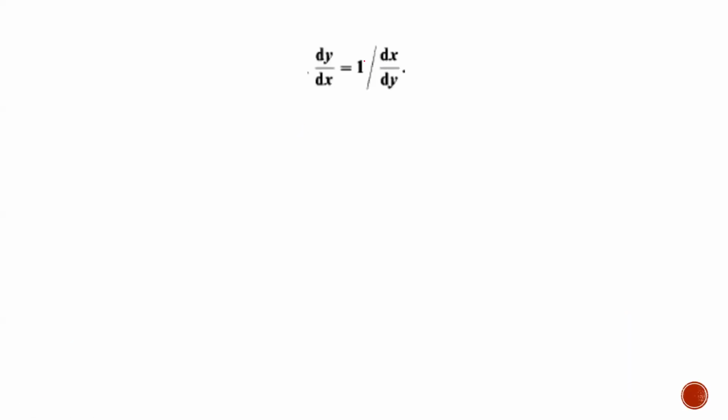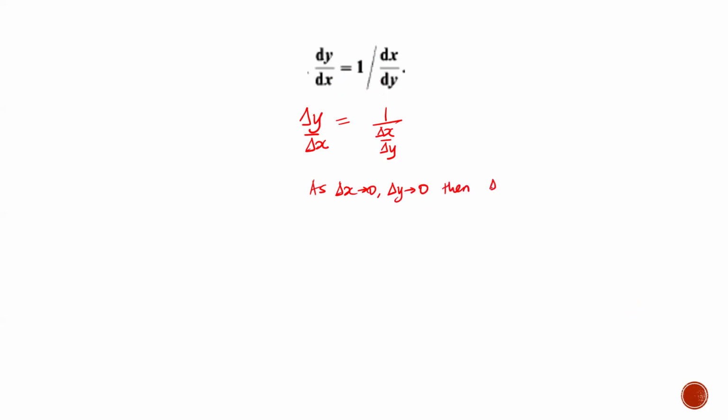So first, we want to prove this phenomenon that we've been given, that dy/dx is the reciprocal of dx/dy. Now, we already know that a small change in y divided by a small change in x is the reciprocal of a small change in x divided by a small change in y. As delta x tends to 0, delta y will also tend to 0.